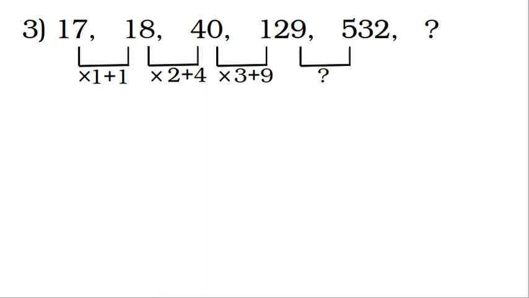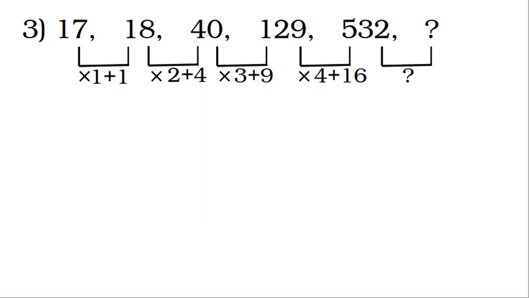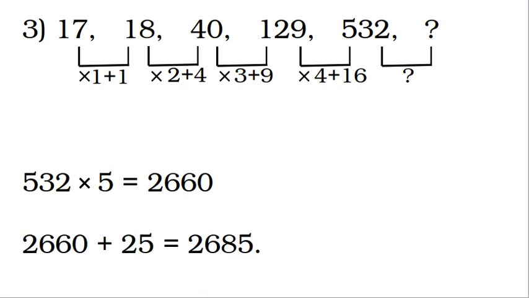Now 129 and 532. 129 into something should give you a number close to 532. 129 times 4 is 516. 516 when added to 16 gives you 532. Now, how can we relate 532 and the next number in this way? 532 into 5 is 2660, plus 25 gives your answer, 2685.